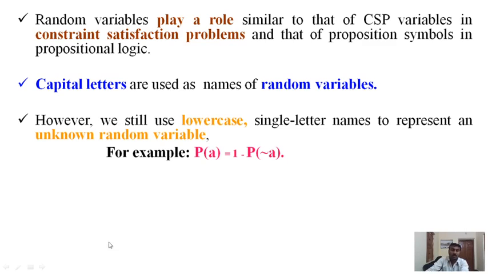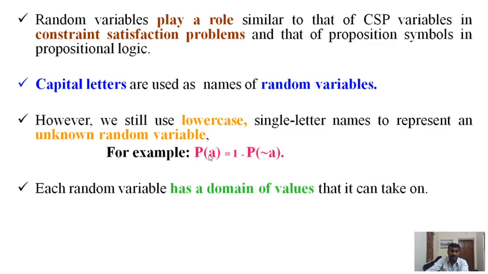For example, P(A) = 1 - P(¬A), where this is the probability of A. So unknown values are represented in small letters.